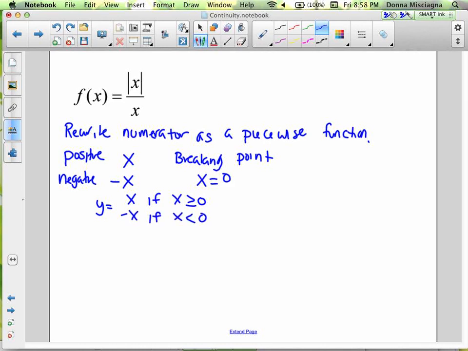But we're not done yet, because this was not just an absolute value expression. This was a rational function. So now we're going to rewrite the function using that piecewise function in the numerator.